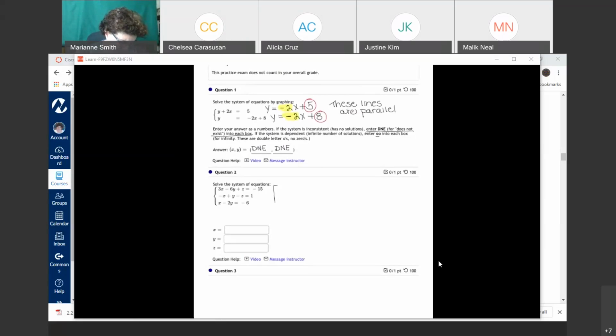But first I'm going to build the augmented matrix. So I'm going to pull in my coefficients and then my right-hand sides, and then do the next one.